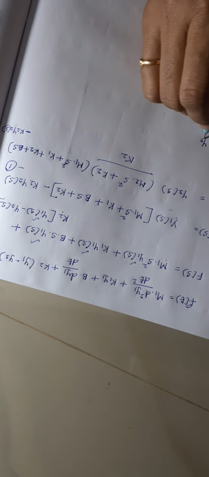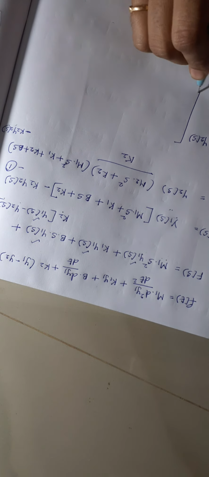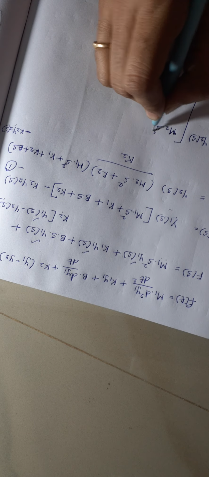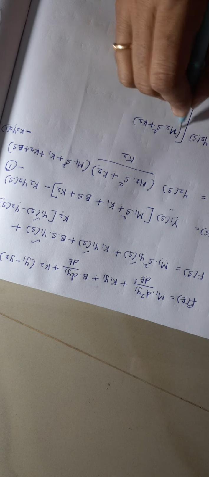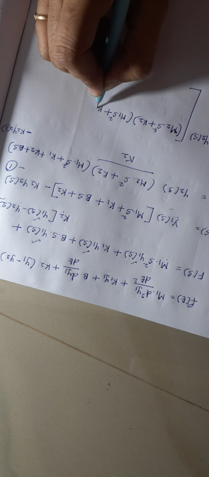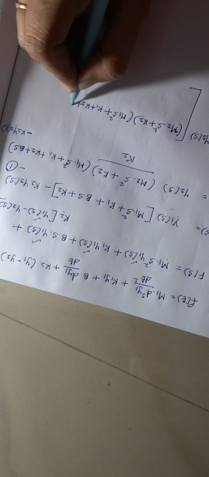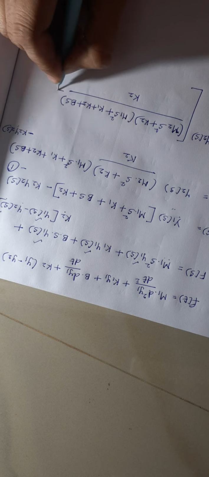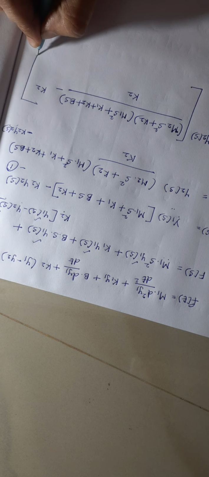So just take y2 of s commonly outside. When you take y2 of s commonly outside, the remaining terms will be m2 s square plus k2, m1 s square plus k1 plus k2 plus bs divided by k2, here again minus k2.